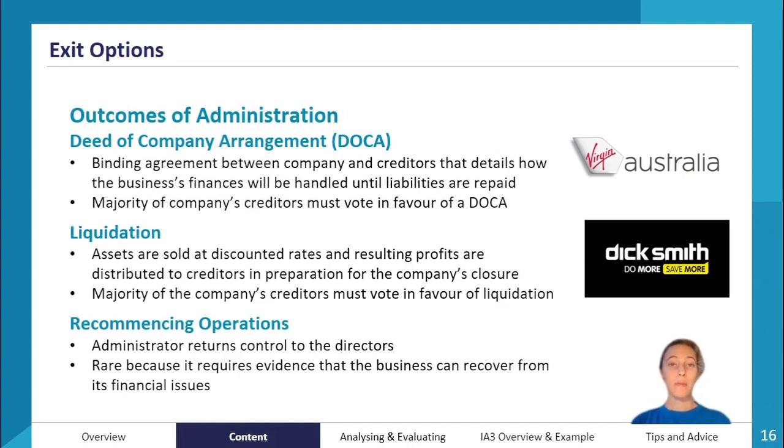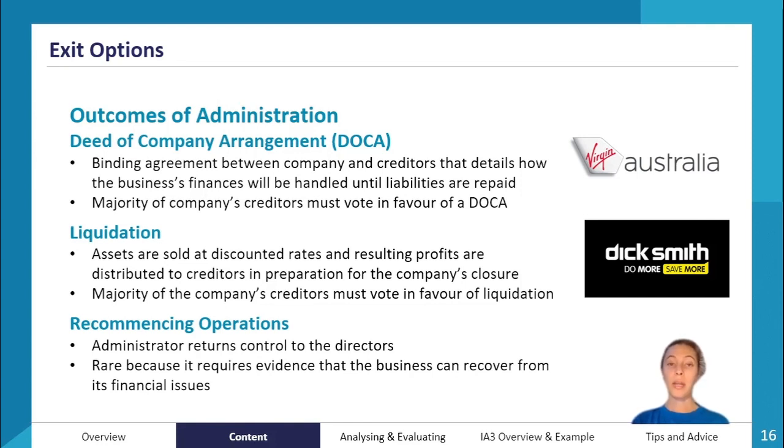So some outcomes of these two types of administration, voluntary and involuntary. A deed of company arrangement is something I believe Virgin Australia went into. This is a binding agreement between company and creditors. Binding means that it's legally binding. You have to stick to the agreement. It's not just a casual kind of agreement that could be broken.